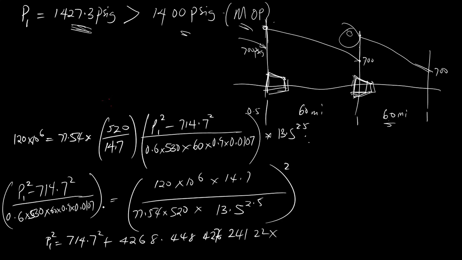24122 times the whole of this in the denominator, which is 0.6 times 530 times 60 times 0.9 times 0.0107.